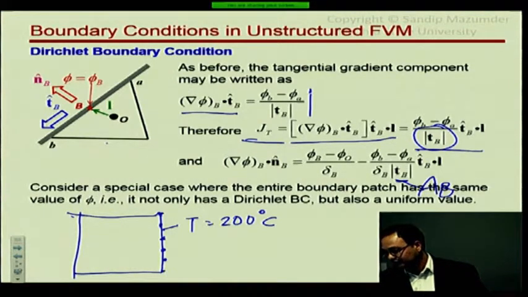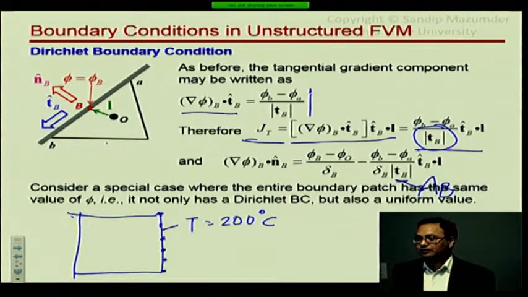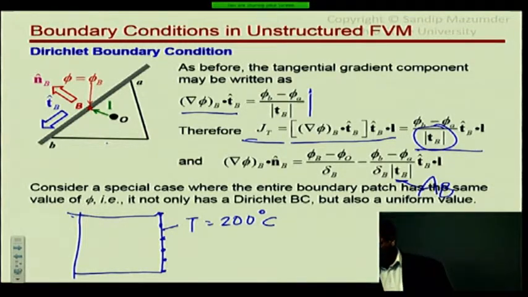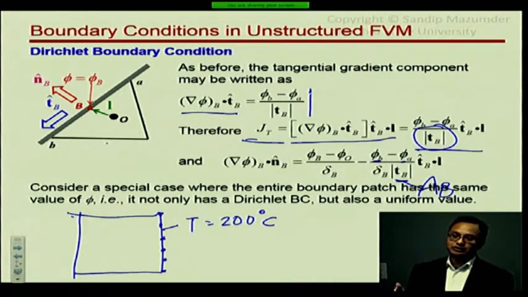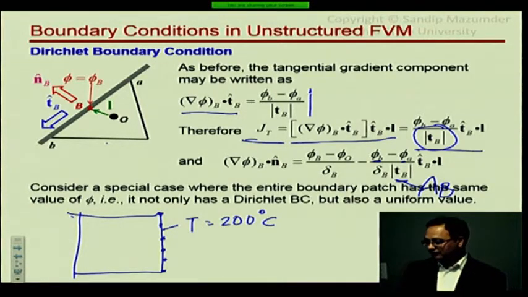Now notice what happens here: phi B is equal to phi A. Those are vertex values. So that tangential term drops out because there is no tangential gradient along the wall. The values are the same. So when you have Dirichlet boundary conditions with uniform values on a given patch, that term drops out, and you're back to just this part.